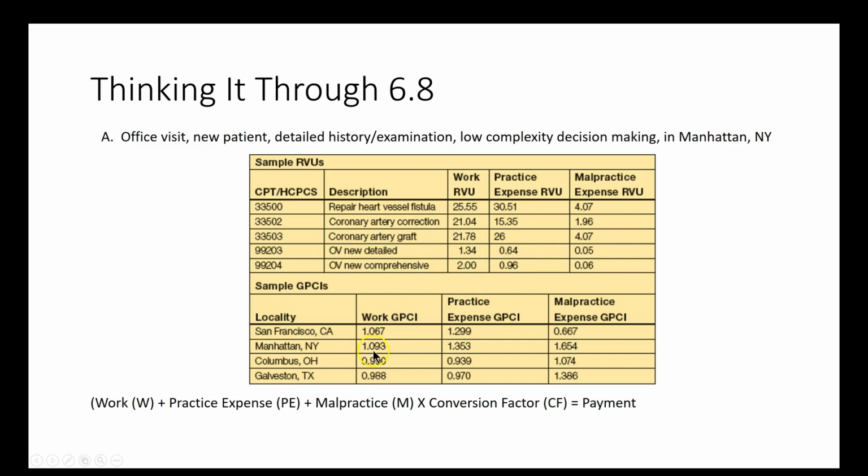This patient is in Manhattan, New York, so these are the geographic conversion indexes that we're going to use for that procedure. Now, the formula to determine the cost for this procedure is work plus practice expense plus malpractice times the conversion factor. And of course, we have multiplied the work times the geographic index for each one.